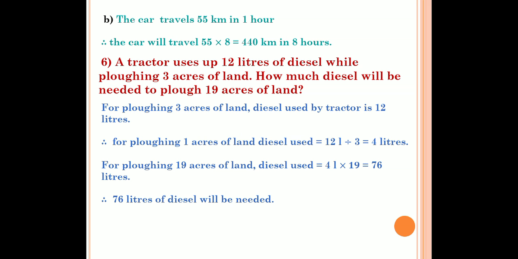So therefore we have found out that 76 liters of diesel will be needed by the tractor to plough that much amount of land. So what we did, first we found out about 1 and then we found out about more.